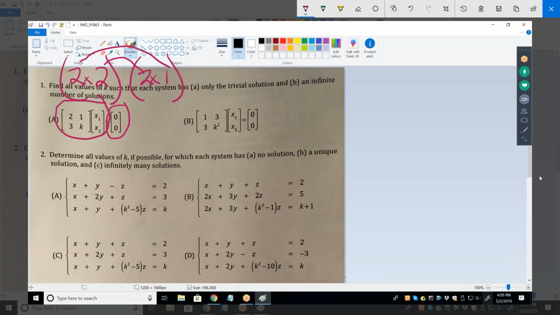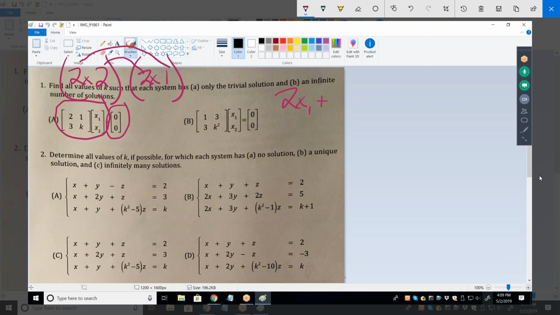That's going to be 2x sub 1 plus... hold on, let me make sure that I'm doing this right. You can look at it in many different ways, but I take this matrix on the right, x sub 1, x sub 2, rotate it by 90 degrees to the left, and place it on top of the first row.